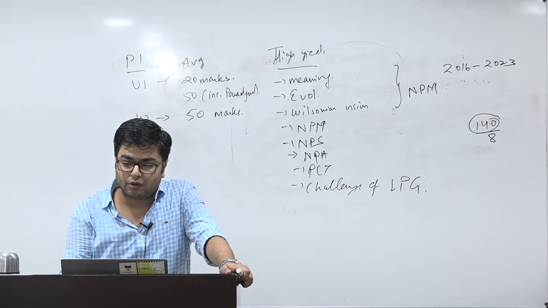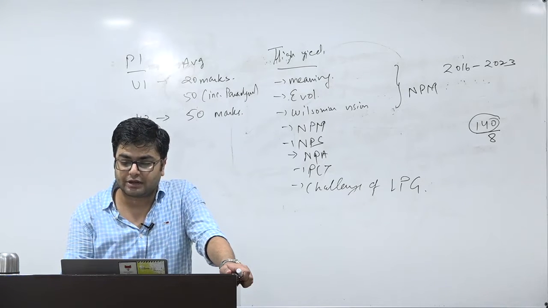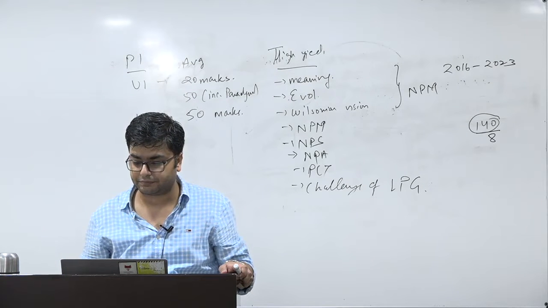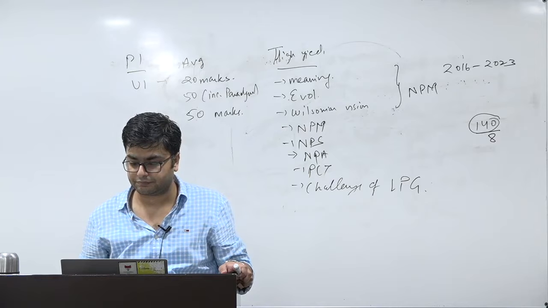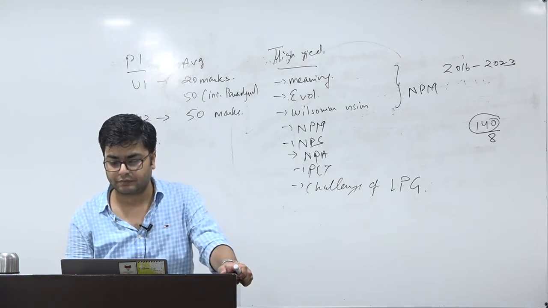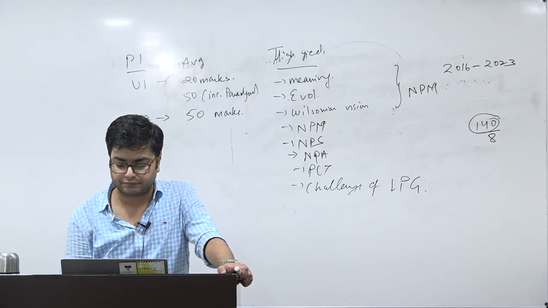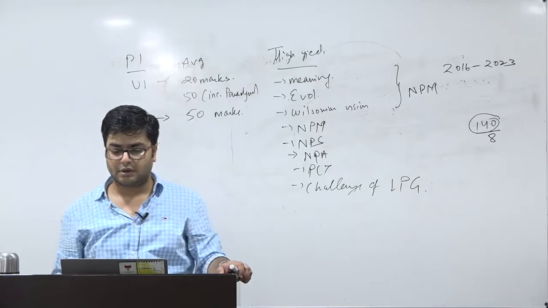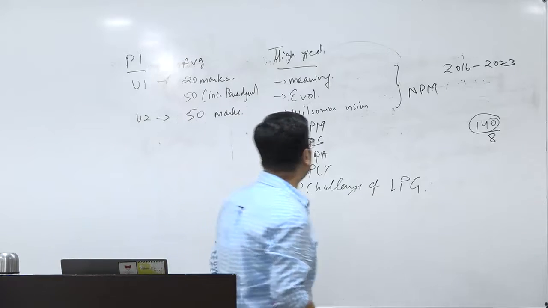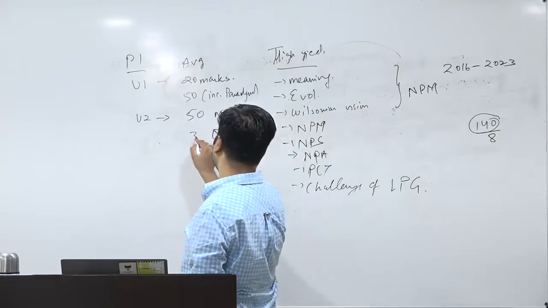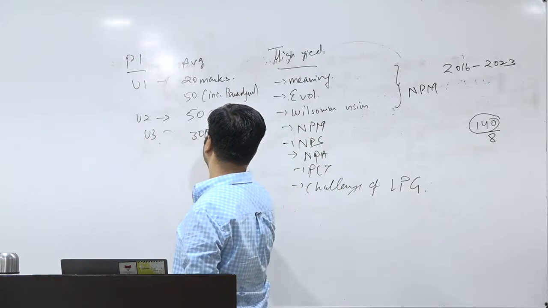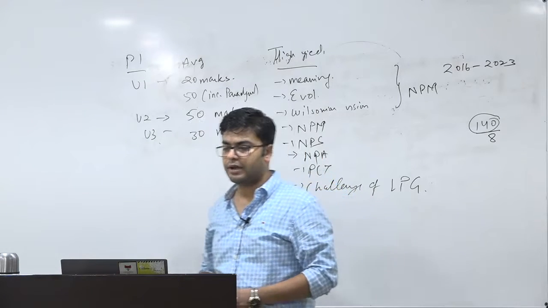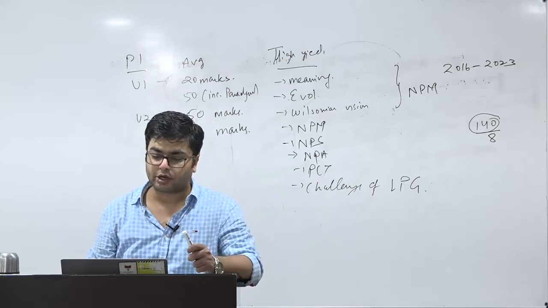Next, if you look at the unit of administrative behavior, the average is around 30 marks. Okay. Next is the organizations.